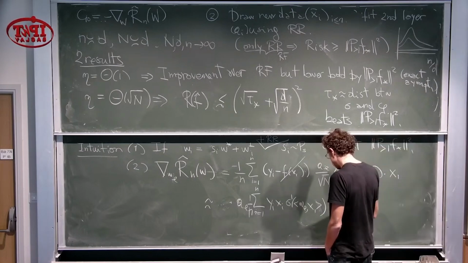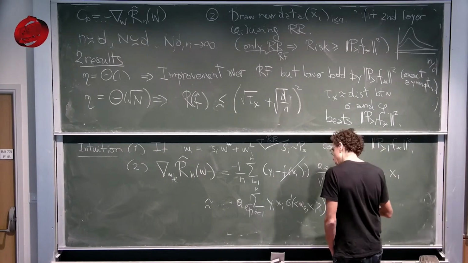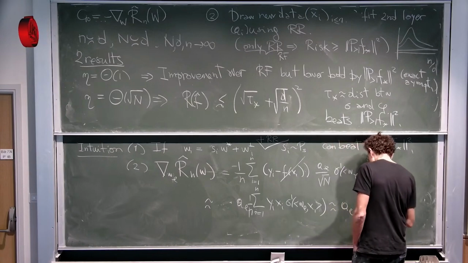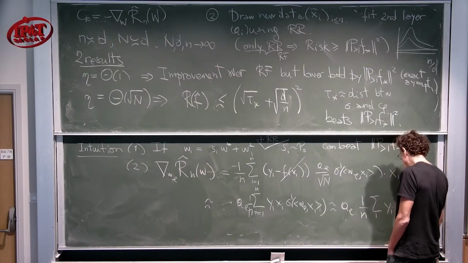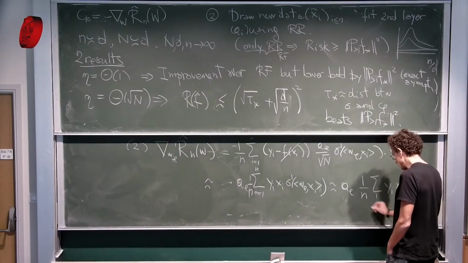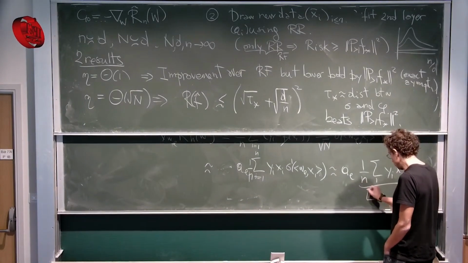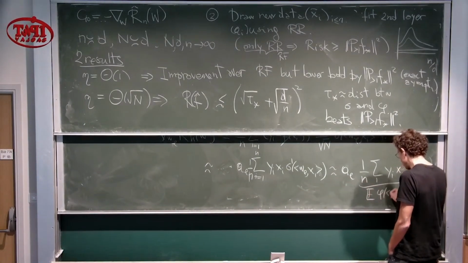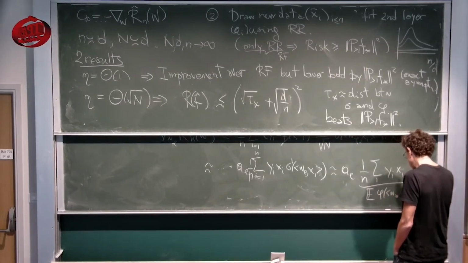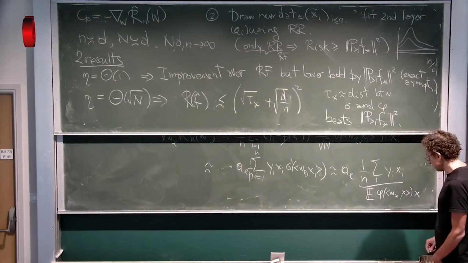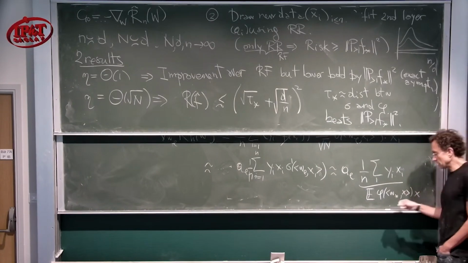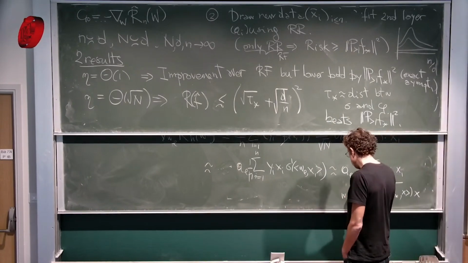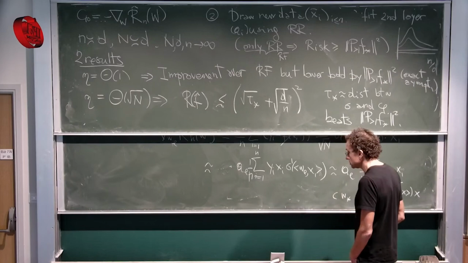This should be about ai times 1 over n sum over i of, apart from a constant, yi xi. And this should be the same as the expectation of y times x, just by the law of large numbers. And this expectation, just by rotational invariance, is just W star times a coefficient.